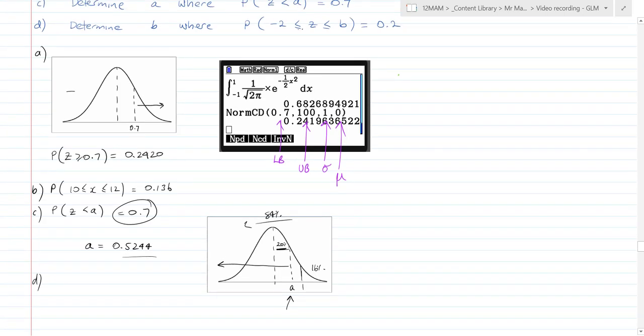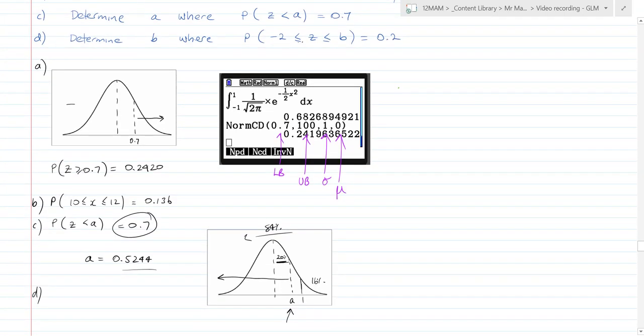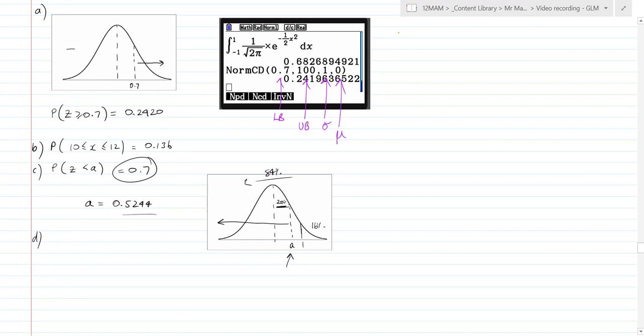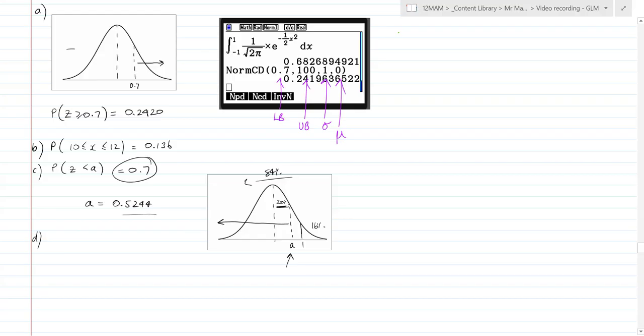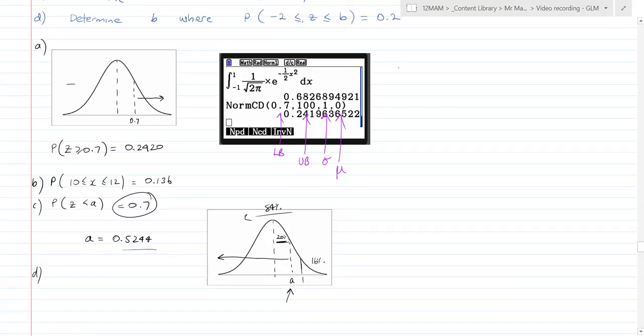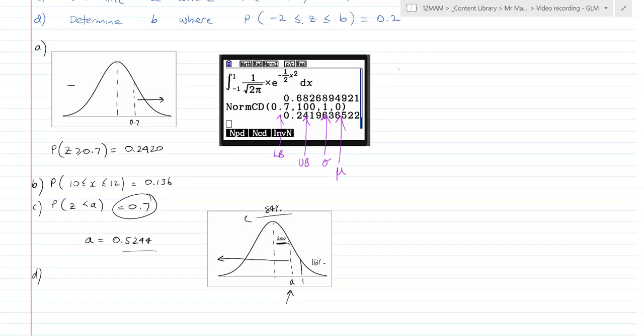And then we have D. Determine B, where the probability of Z between negative 2 and B is equal to 0.2. And we can do this in the same way. So again, I might actually just go up and use this one, just because it's already there. Just to remind myself, I want this to be between negative 2 and B is 0.2.